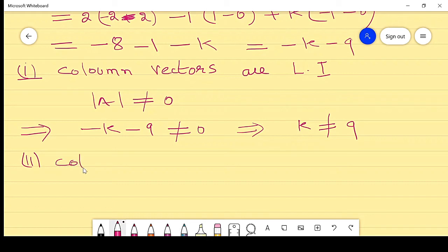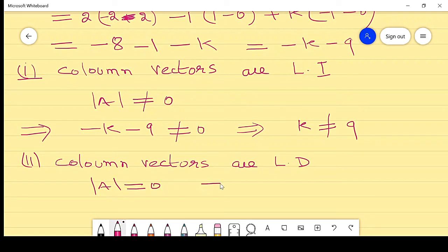Second part, the column vectors are linear dependent. So in this case the determinant is equal to 0, so it implies k is equal to -9.